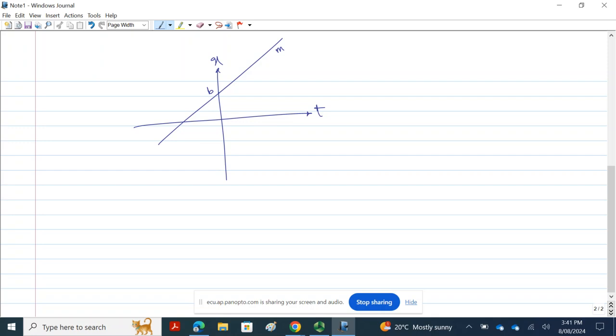Everything plus b, that's correct. So x is equal to mt plus b. That's the slope, and that's the value at t equal to 0. Basic math. Okay. Now, how can I find m?